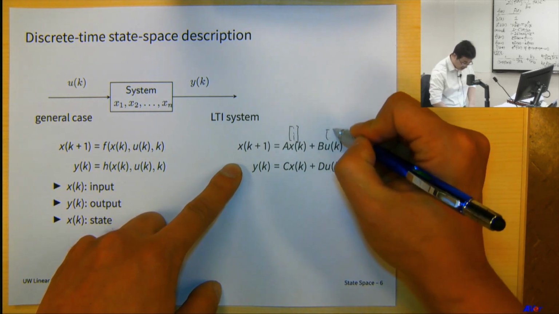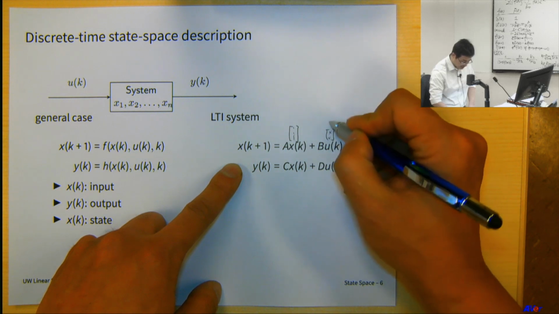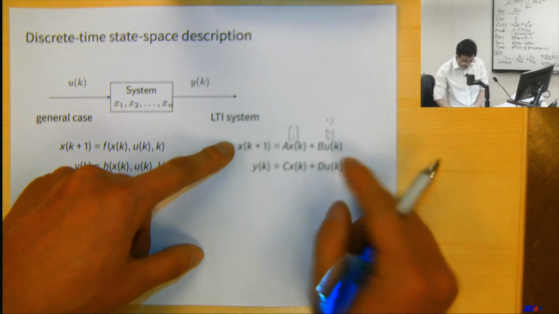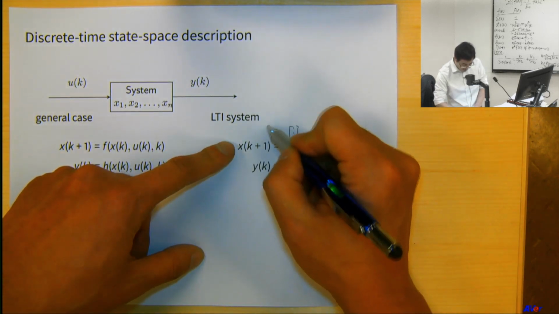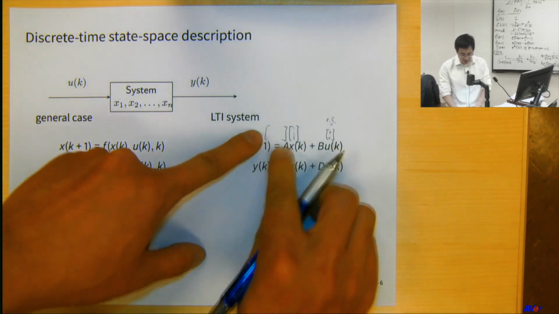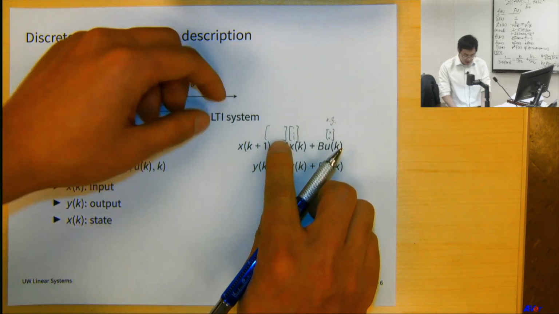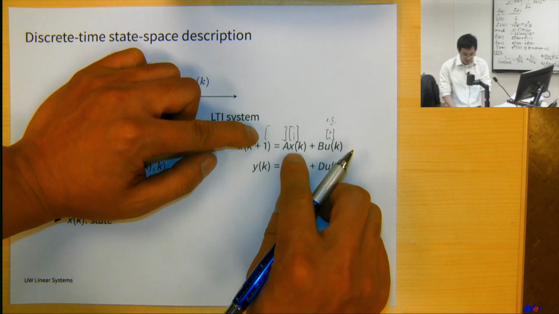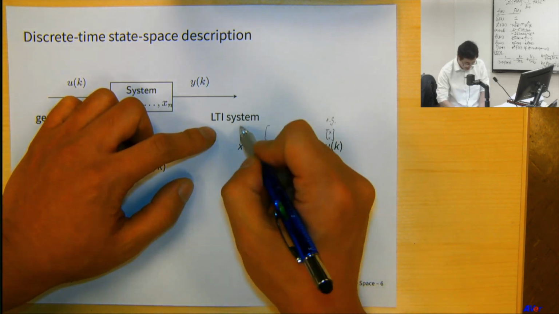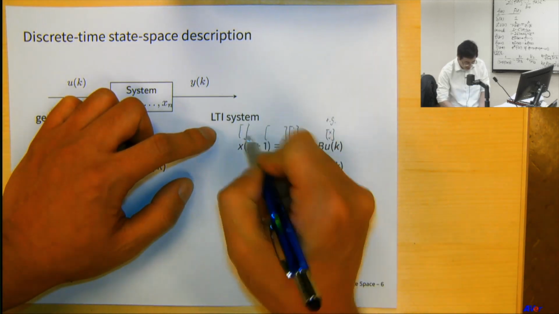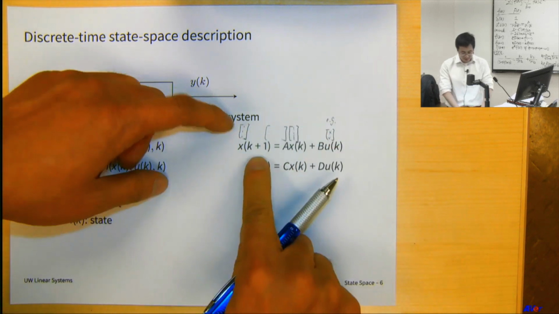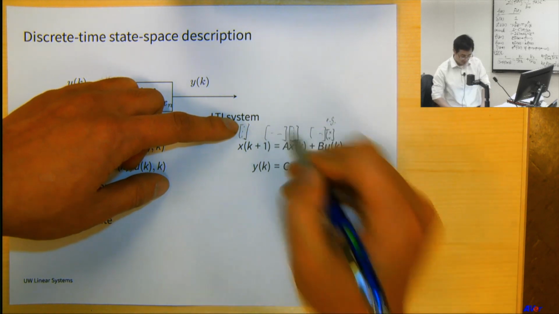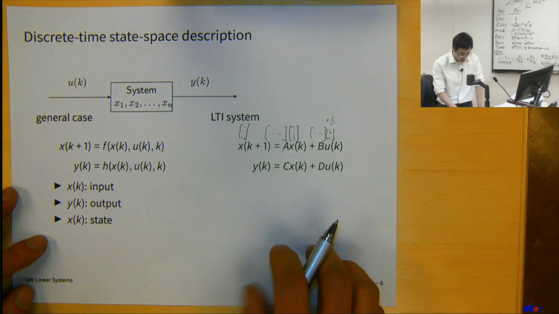Let's say your input has 2 elements. A, therefore, is going to be a matrix usually, with proper dimensions such that when you multiply A with x, it gives you a vector on the left-hand side. So all these are matrices, and B can also be a matrix. That's the main thing that we need to pay attention to.